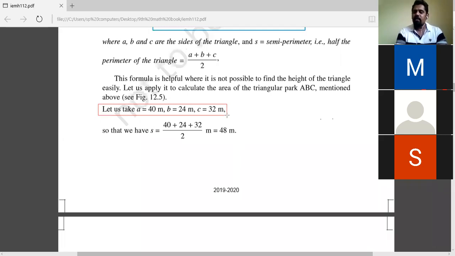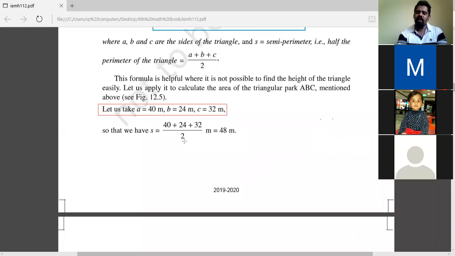Semi-perimeter will be the complete perimeter divided by 2, that is a plus b plus c divided by 2. 40 plus 24 plus 32 gives 96 altogether. So 96 divided by 2 is 48.